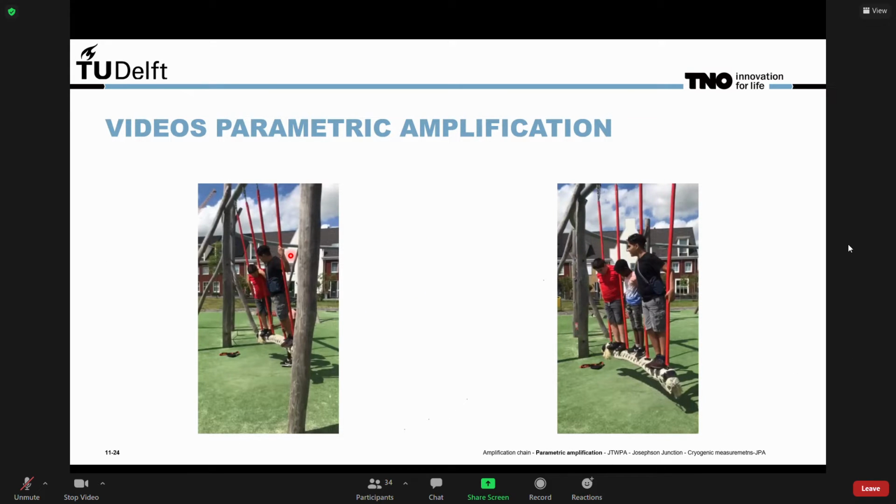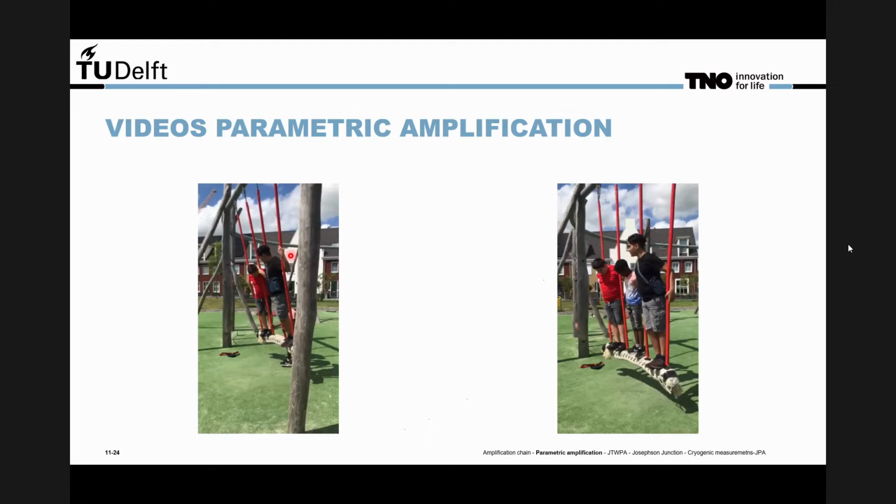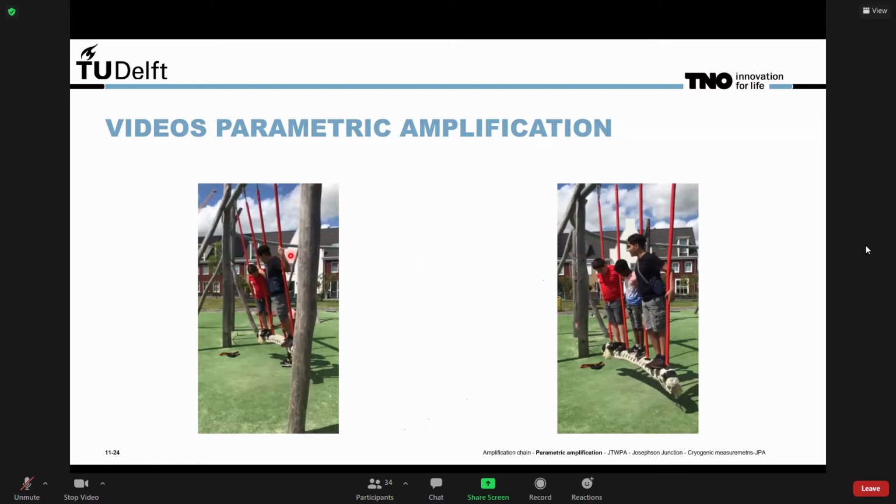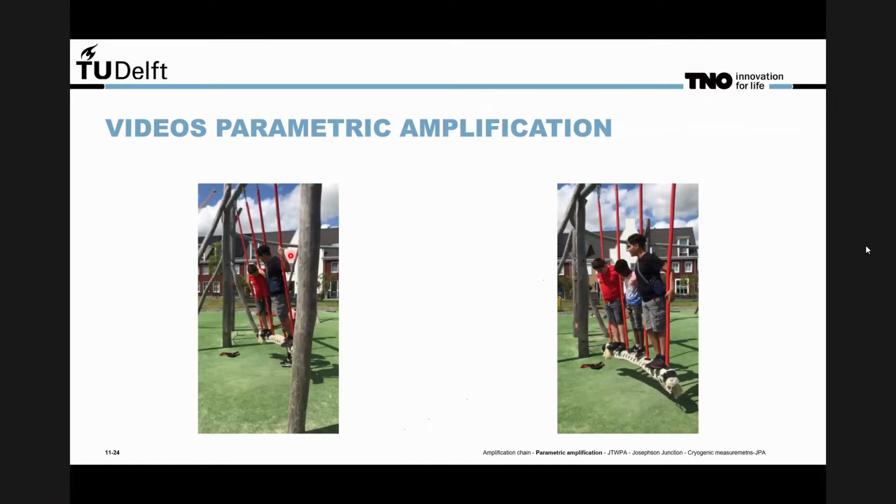I remember during my first month at TNO, Dr. Nodar Samkarache explained parametric gain to me using an example with a person on a swing. I tried to recreate this using my little brother and his friends. So here at the left, we see the boys.